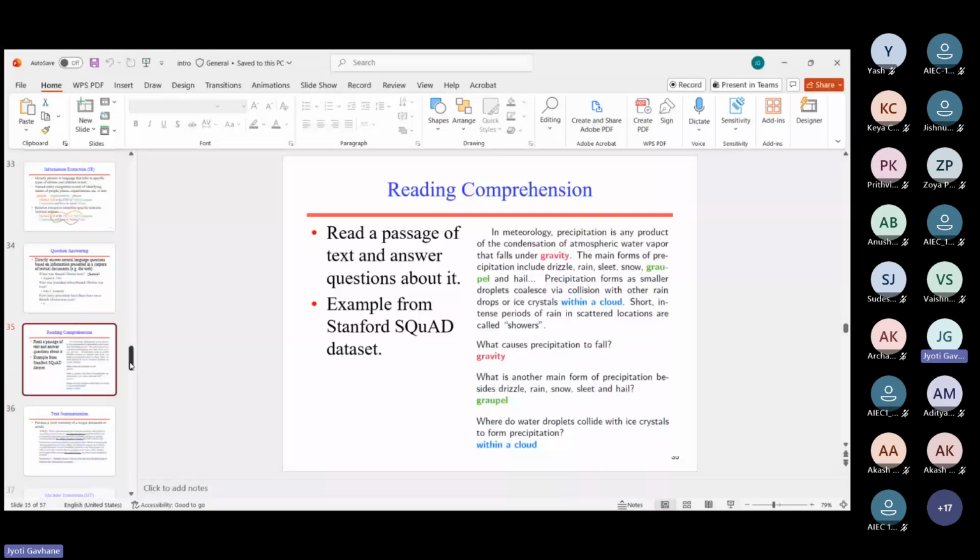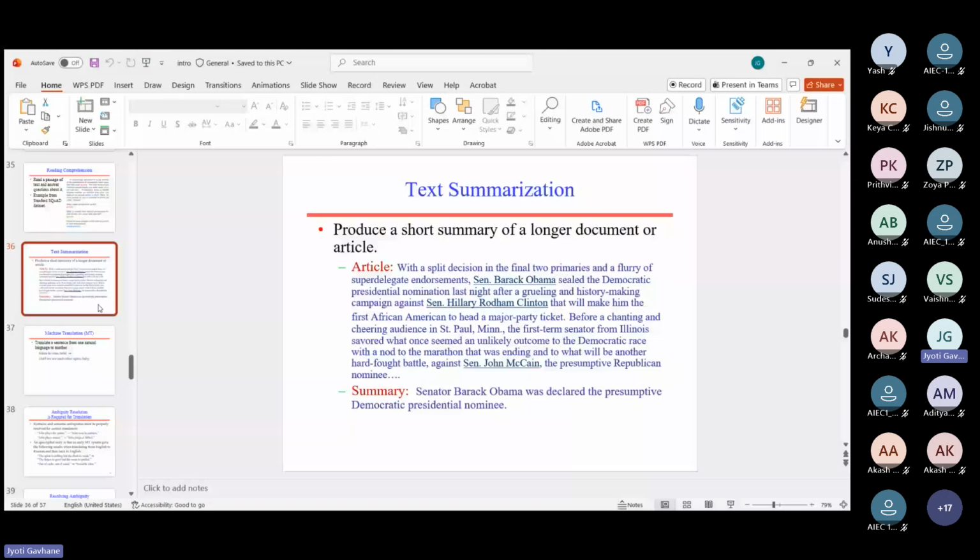Fine. After the reading comprehension, whatever you have read, I assume, producing the text. That is nothing but text summarization. Suppose there is a big paragraph, then we need to summarize it into the crisp meaning of that paragraph. So the article is given.